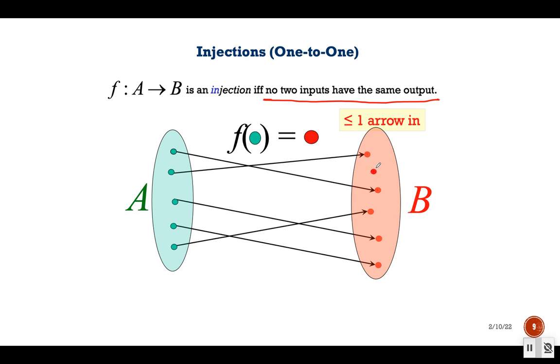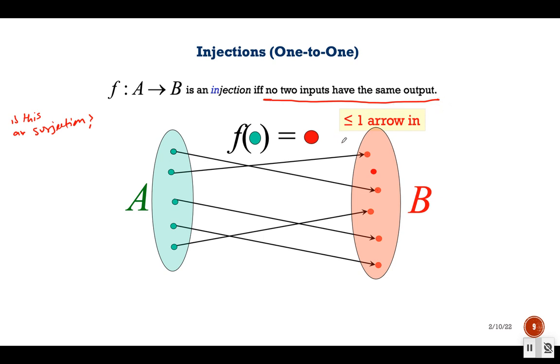First let me ask you, is this a surjection? From this figure, do you think this is a surjection? No, because there are some elements in B for which we do not have any input element from A. Now injection says that no two inputs will have the same output.